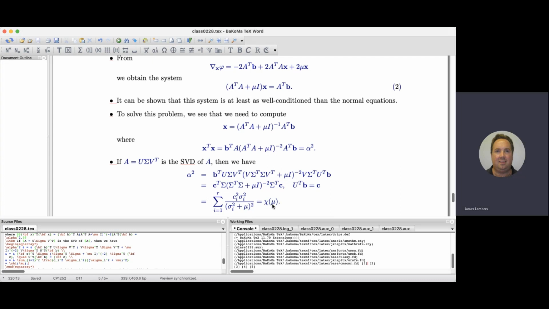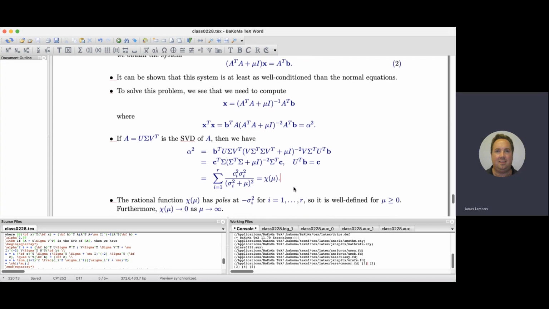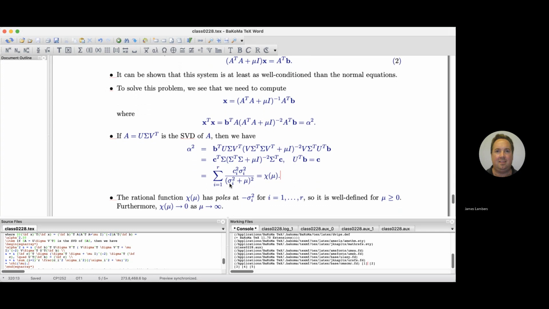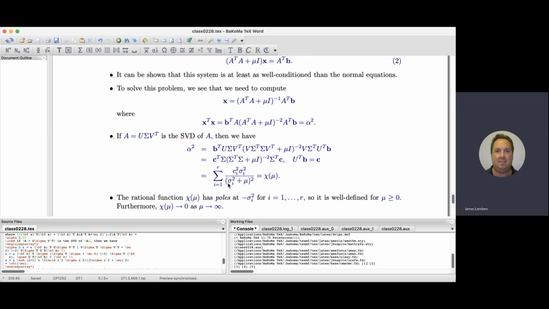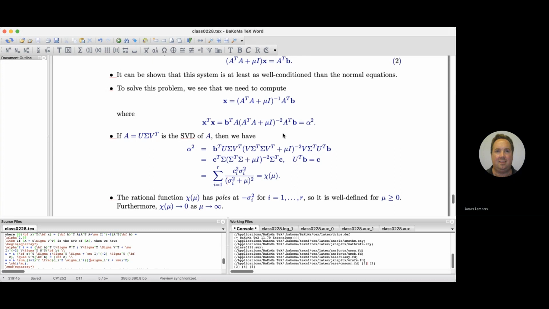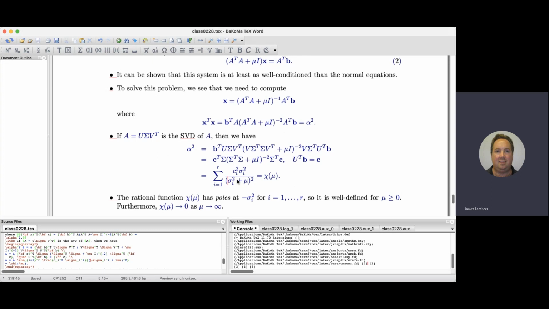So chi of mu, for whatever value mu I'm looking for, must be equal to alpha squared. Now, this function is undefined, of course, when the denominator is 0. But that only happens when mu is equal to minus sigma i squared. That means this function is at least well defined for non-negative mu.